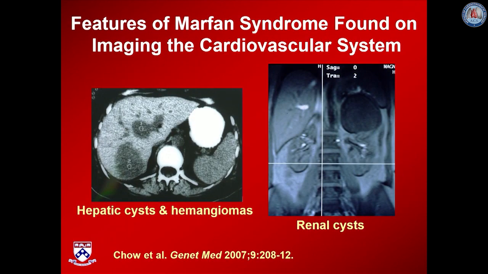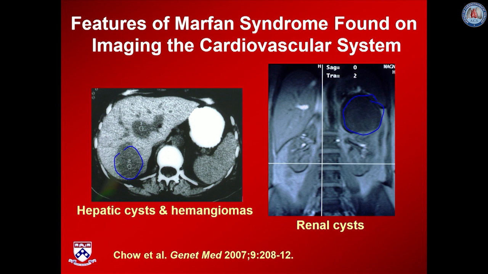Additionally, cysts in the liver and in the kidney are frequently seen, often serendipitously when patients are being imaged for their thoracoabdominal aortas. It's important to note that these cysts are not deleterious as far as we understand in the development of any complications, but they should not cause undue consternation on the part of the physicians or patients themselves.